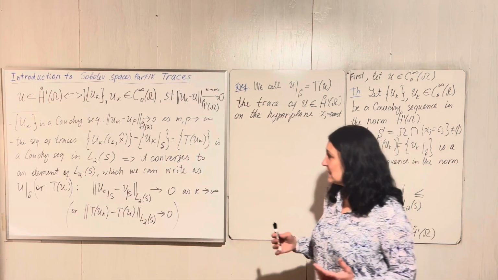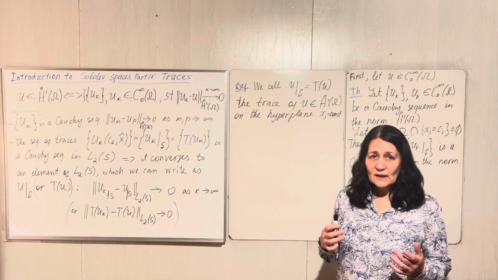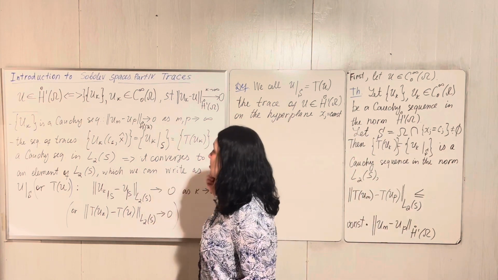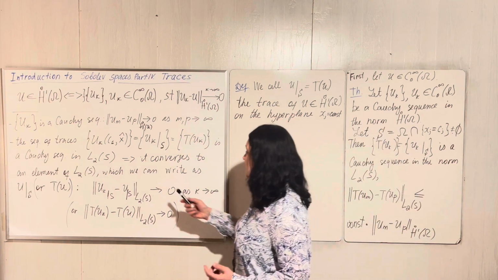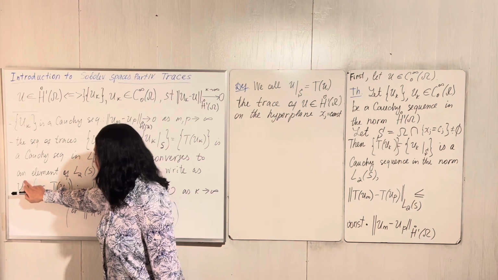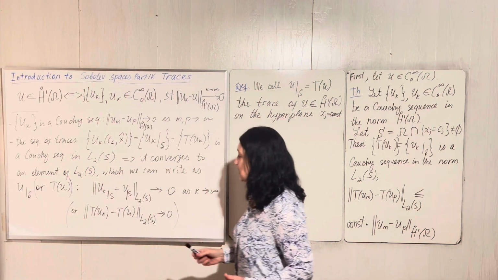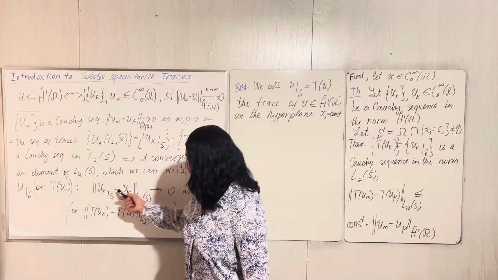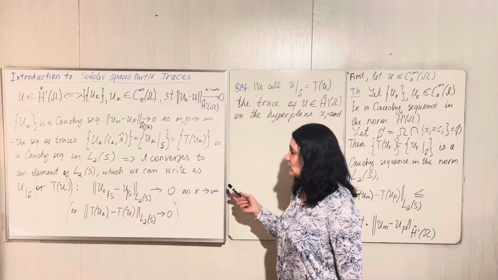And as a Cauchy sequence, it has a limit, so it converges to some element of L2. And this element we can call u|_S, or T(u), so it's just a notation. And converges means that the norm in L2 goes to 0 as k goes to infinity.